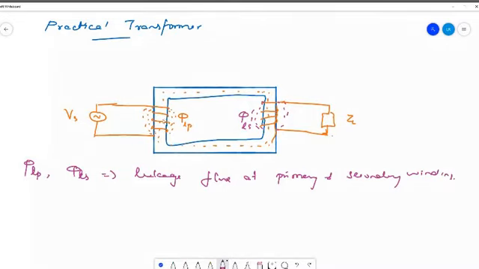In the sense that a portion of the flux which is produced by the primary is linked with the primary alone and not with the secondary. So in that sense it is actually a leakage flux.